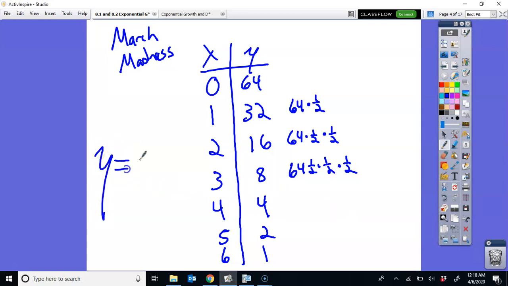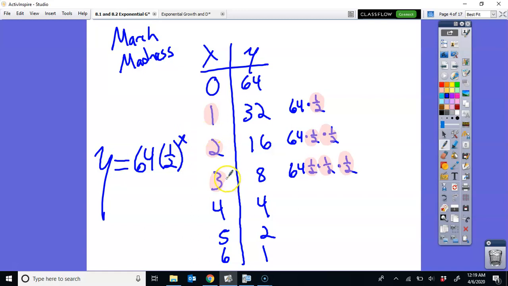The y value would be the beginning amount multiplied by a half raised to, notice again, there's 3 here, 2 here, 1 here. So it would be raised to the x power.